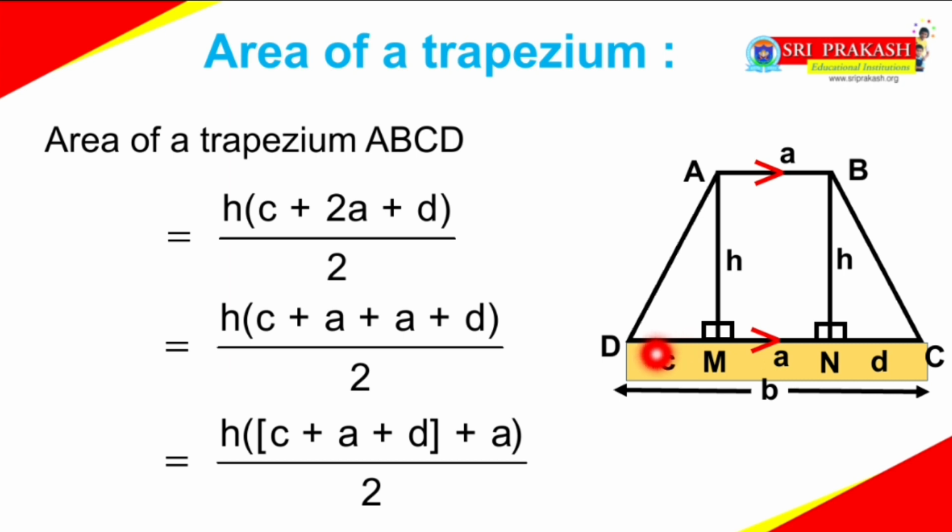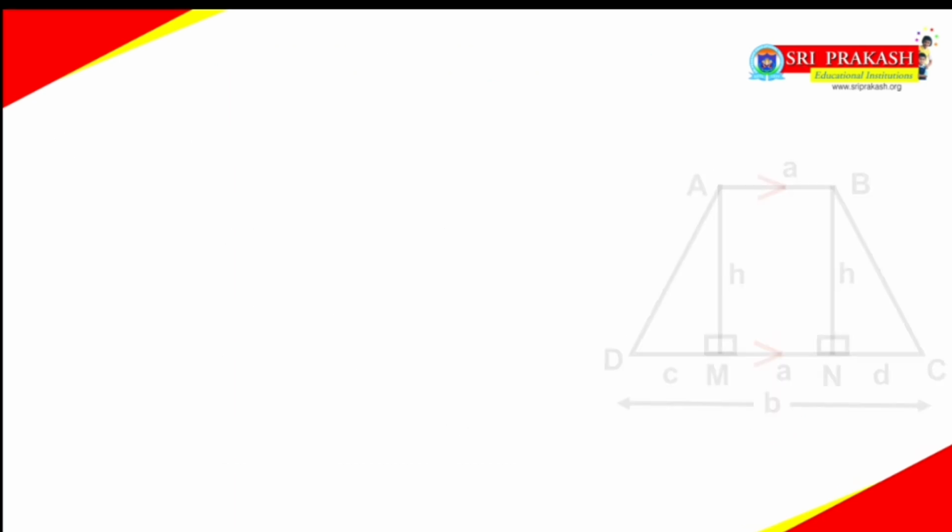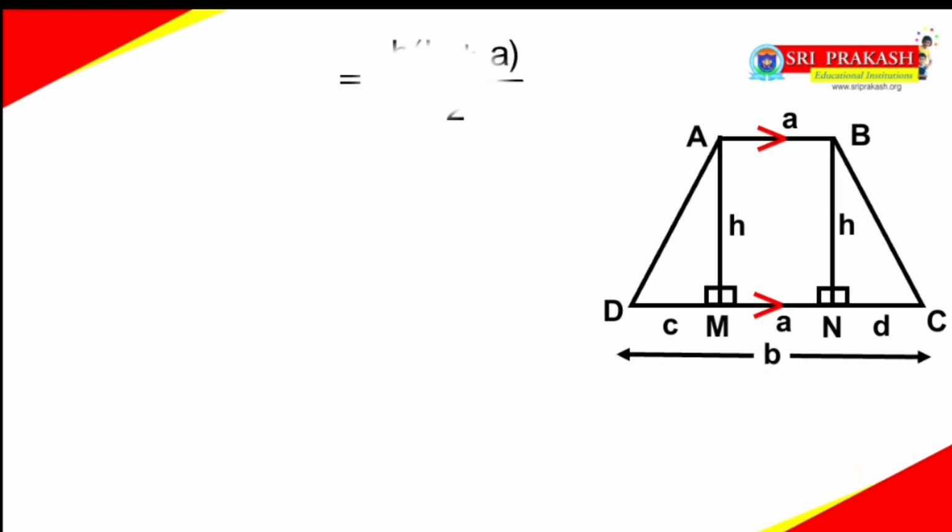That is c plus a plus d, which is equal to b. Isn't it, children? So, let us substitute the value of c plus a plus d as b. Then we get h into b plus a whole by 2.